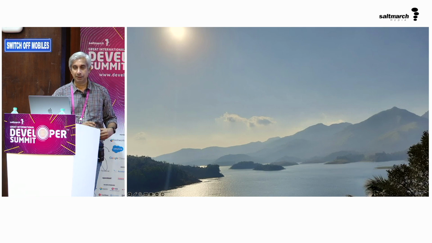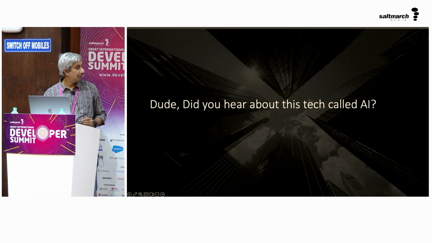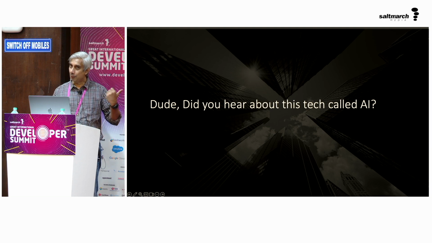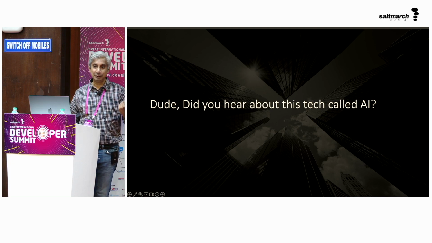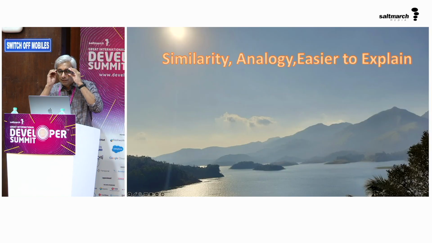How do I do that? In the last conference, somebody asked me this, actually, but we are not going to look at AI. It's more about figuring out the similarity, the analogy, and it's a way to explain more easily how the text file is converted into the syntax tree.